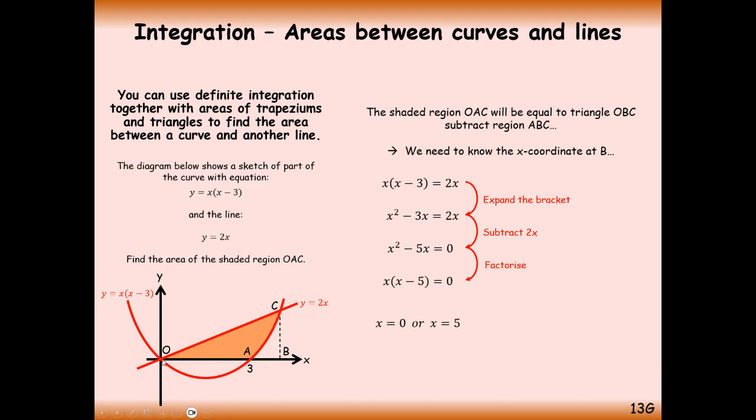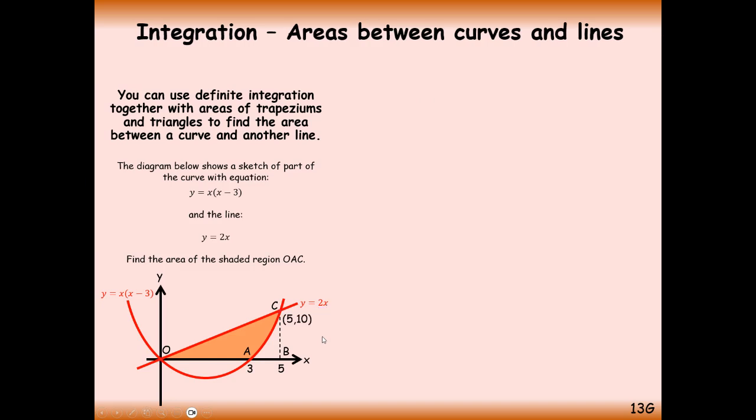Certainly 0 is the other point of intersection here, which we could have guessed from the shape of the graph, and that's the origin. So 5, we're going to put 5 there and wipe this off. Now, how do we know the y value of point C? We substitute in this expression here. 2 times 5 is 10. So that's where the y value comes from.